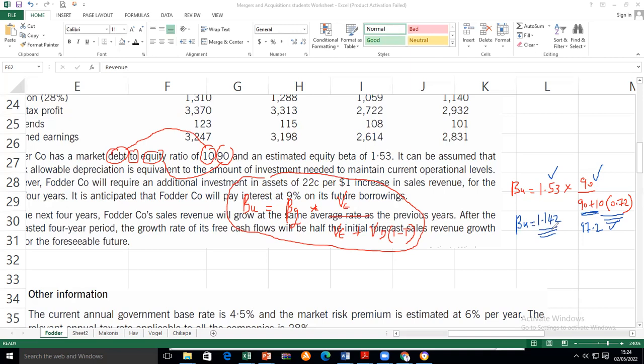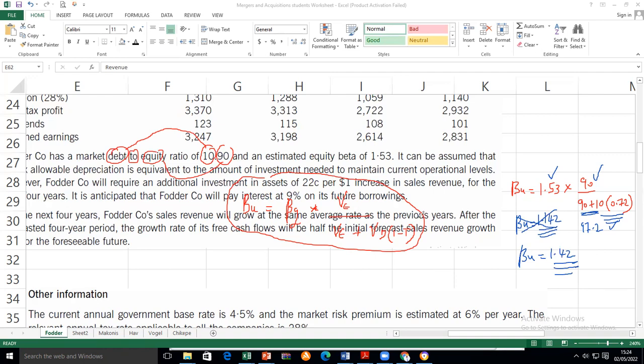I'm getting 1.42. Yes. Exactly. This is an asset beta.